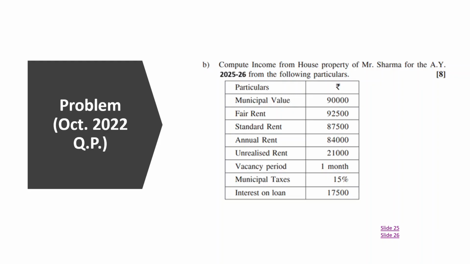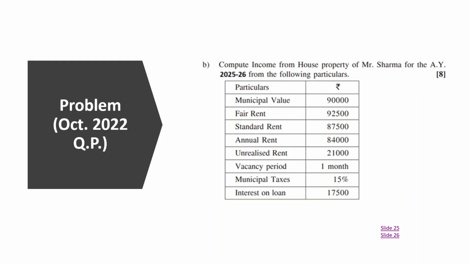Municipal value is given as 90,000, fair rent 92,500, standard rent 87,500, annual rent 84,000, unrealized rent 21,000, vacancy period 1 month, municipal taxes 15%, and the interest on loan is 17,500.